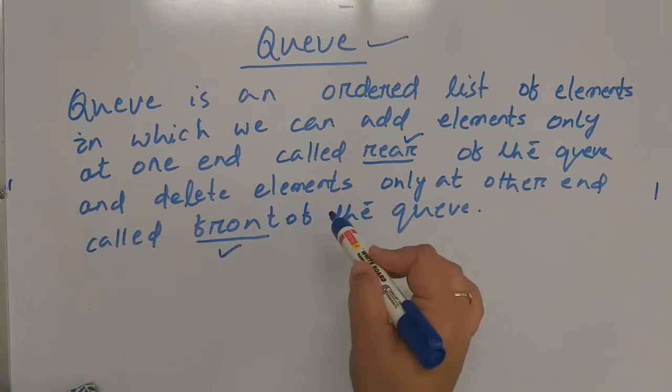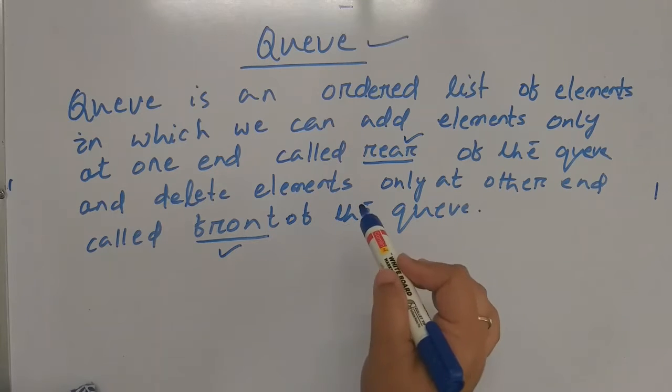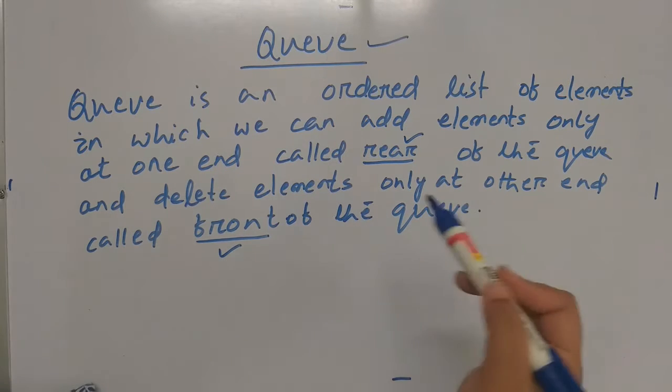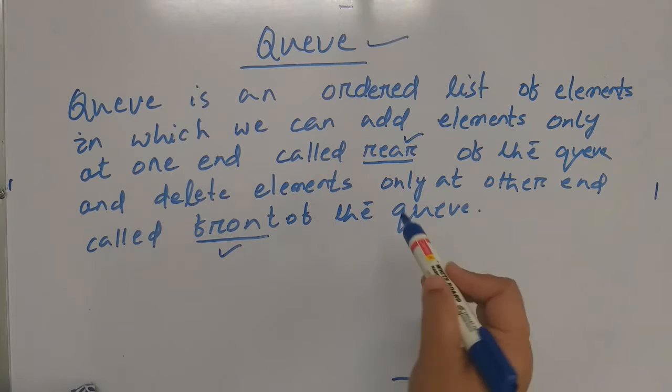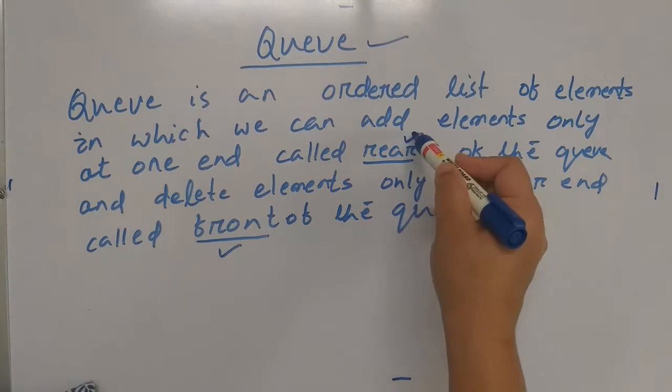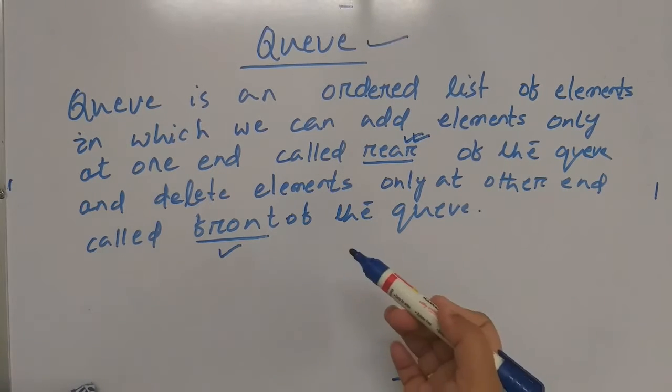In the stack also, we already discussed that two types of operation are there: push and pop. Push means we enter the element and pop means we delete the element. Here also we use these two things, adding and deletion.